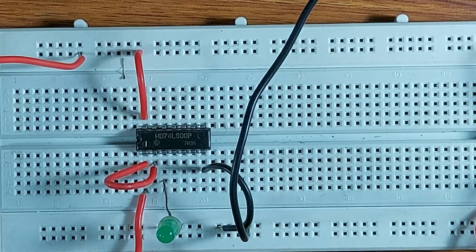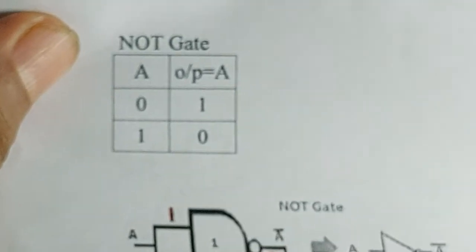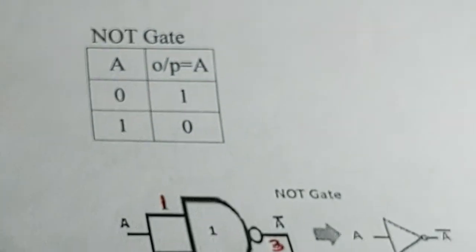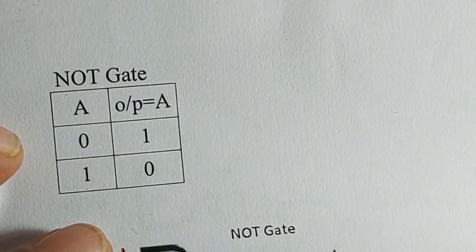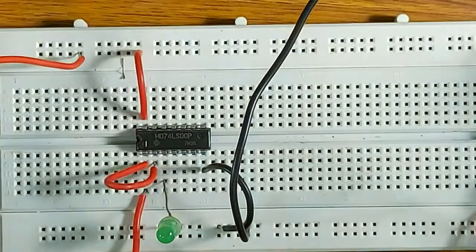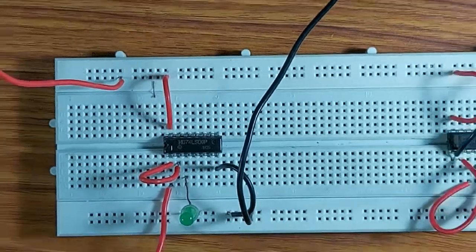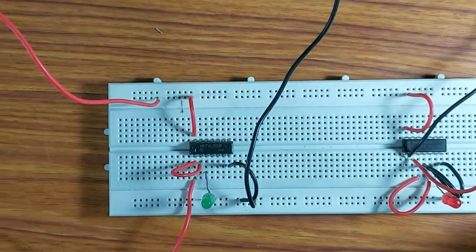So now we have to prove the truth table for the circuit. The truth table is: when A is equal to 0, the output should be 1, and vice versa. When A is equal to 1, the output should be 0. So let's see the circuit.